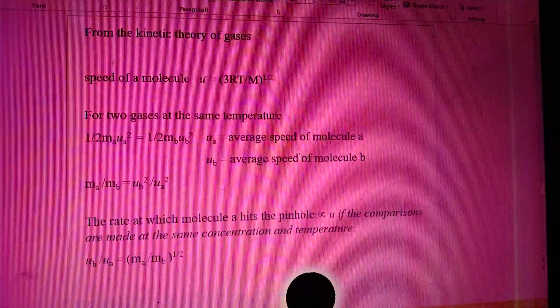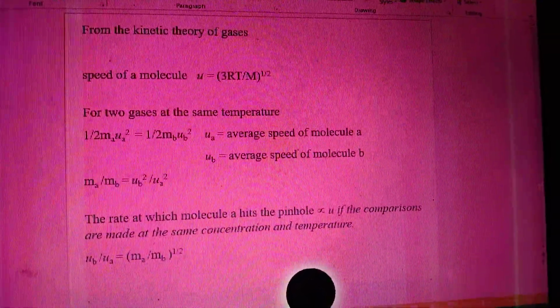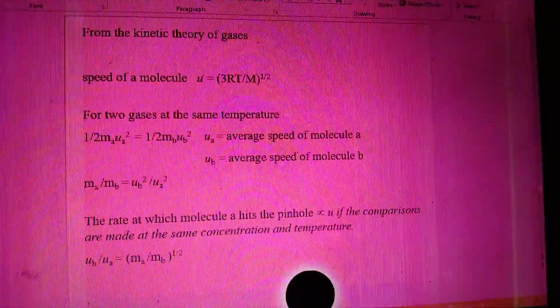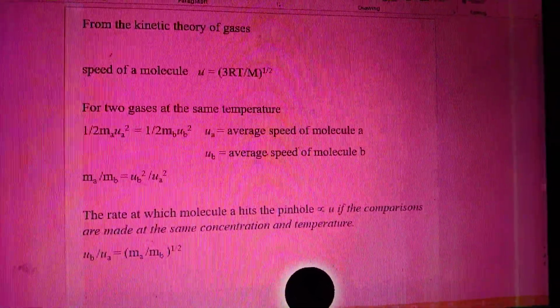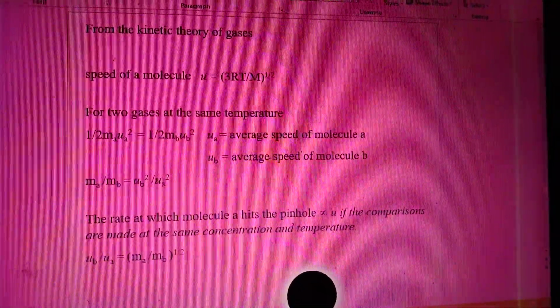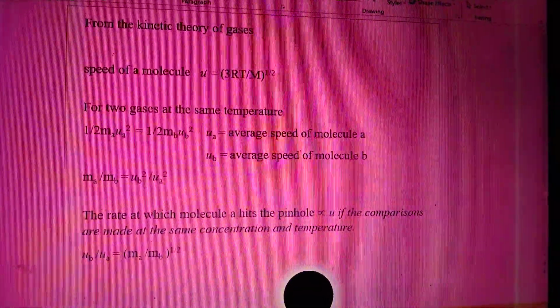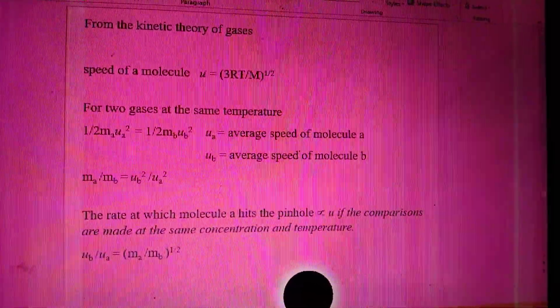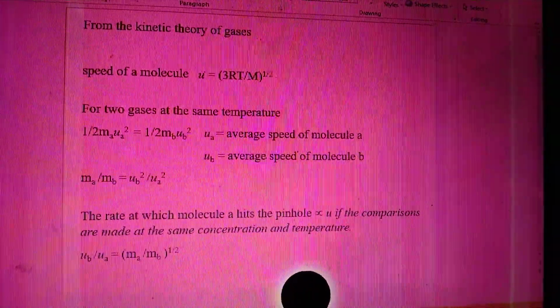From the kinetic theory of gases, the speed of molecules, u, is equal to (3RT over m) raised to 1/2 for gases at the same temperature. So that's the equation. The rate at which molecules hit the pinhole, if the comparisons are made at the same concentration and temperature.